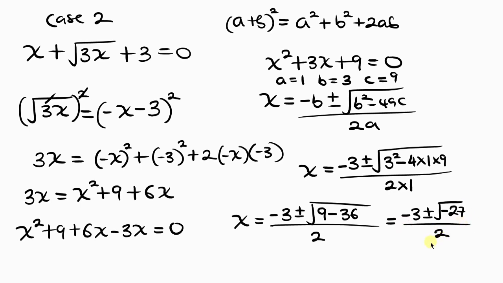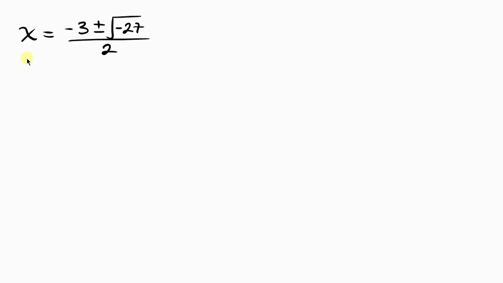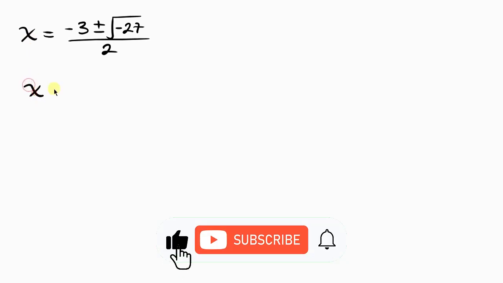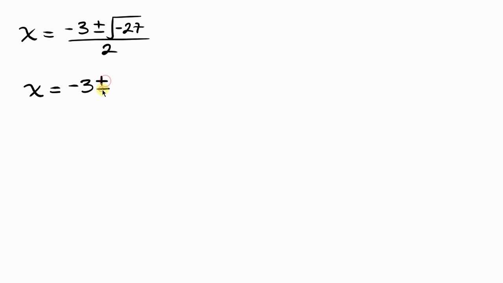Let's continue in the next slide. So this simplifies into x equal to negative 3 plus or minus. Now we have a negative inside of this radical. And because of that, we're going to be breaking this down. So this can become the square root of negative 1 times 27. So negative 1 times 27 is same as negative 27 all over 2.